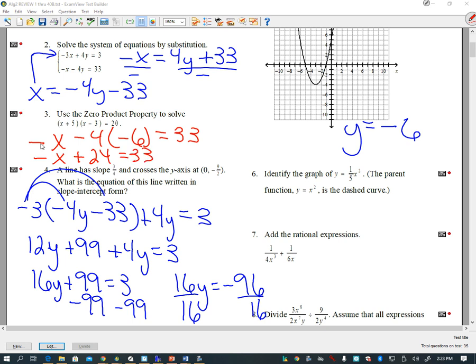What do I do with the 24? Subtract from both sides. So I got negative x equals 33 minus 24, which is 9. So what does x equal? Negative 9, because I'm going to divide by the negative, therefore making the 9 negative. And so I should get negative 9, negative 6.